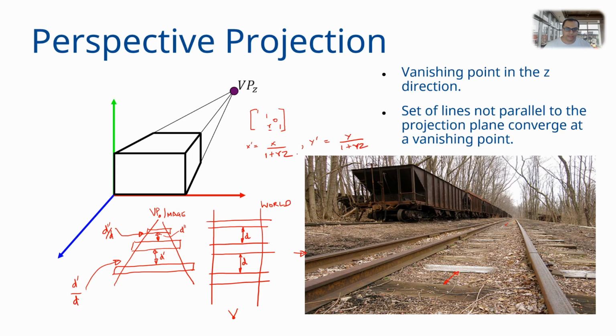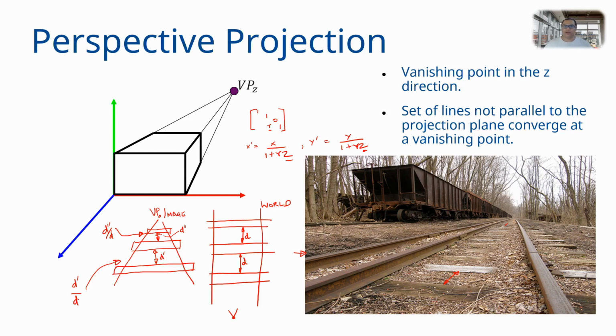So this division by the z coordinate is what is causing the non-uniform foreshortening. It really depends upon the distance from the camera. And because the distance from the camera varies as you move further away into the world, the foreshortening also changes.